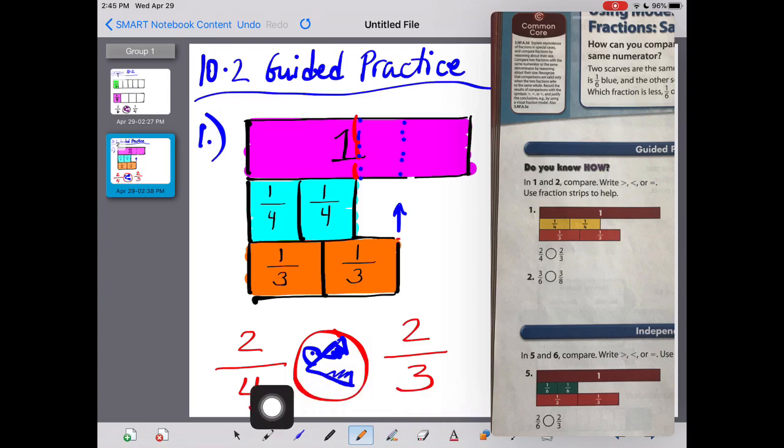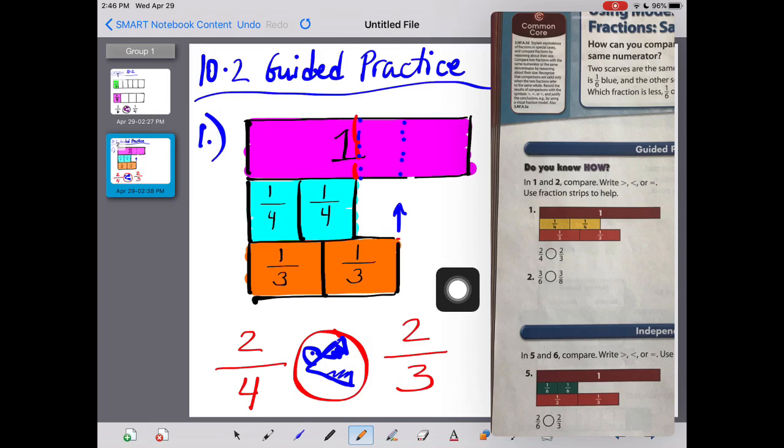So in this case, 3 is smaller than 4. So this is actually a bigger piece. It's the exact opposite. But remember, thirds, you're dividing this whole up into 3 pieces instead of 4 pieces. And so the 3 pieces are going to be bigger than the 4 pieces. Same thing would be true if I divided this up into eighths, into 8 pieces, how small those pieces would be compared to thirds.